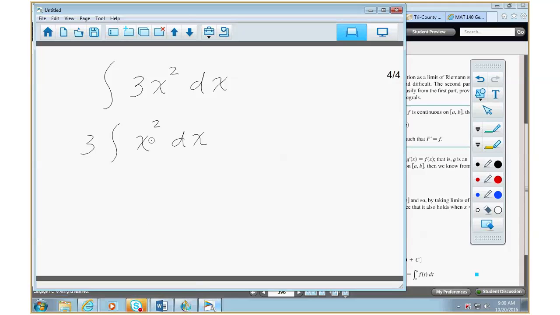Well, we've got to add 1 here, and then the fraction 2 plus 1 there. So our answer is 3 times, what's the antiderivative of x squared?